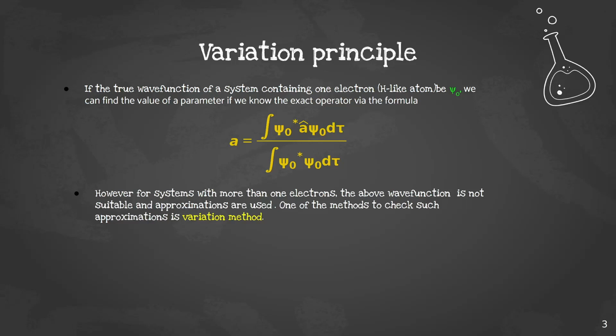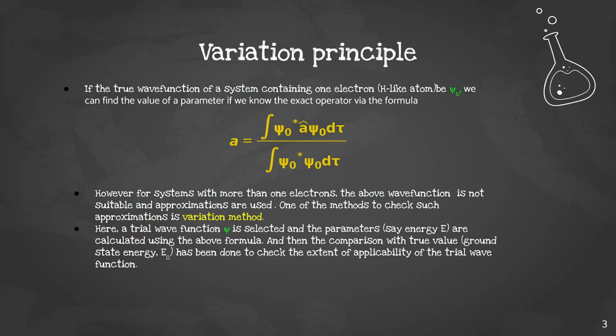One of them is using the variation principle or variation method, where we generally take some trial functions, let's say psi, in different ways, and then we try to find some parameters.